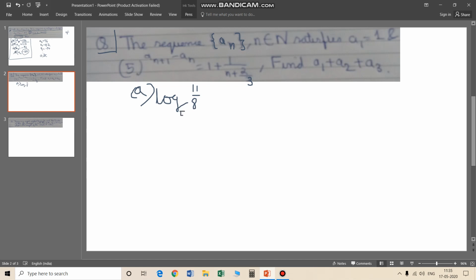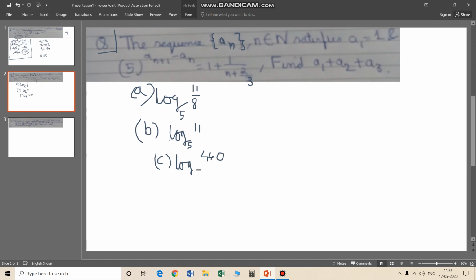Option A is log 11 by something. Option B is log 11 base 5. Option C is log 440 base 5.